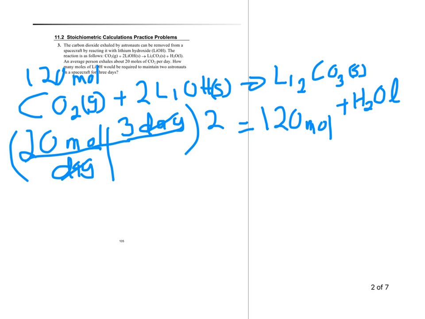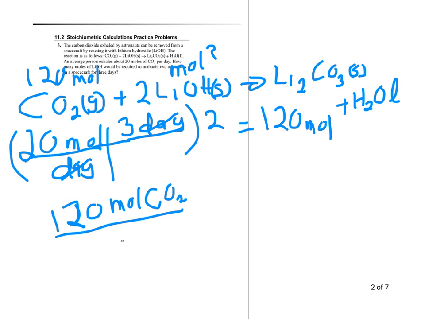And the question asks how many moles of LiOH. So we're starting with 120 moles of CO2. And here we're just going from moles to moles, so we just need a mole ratio.